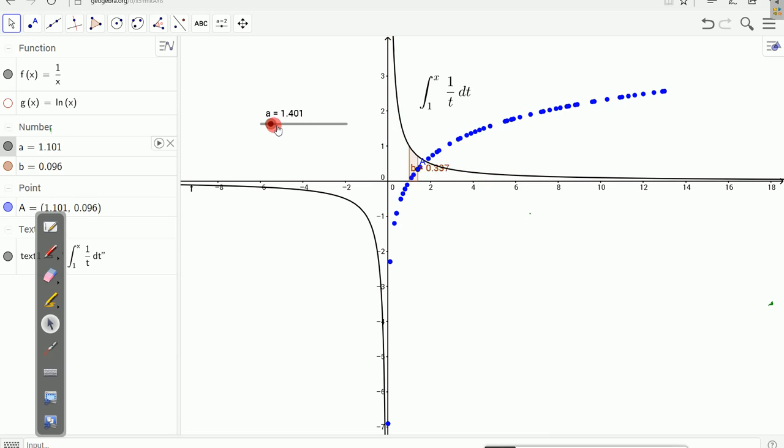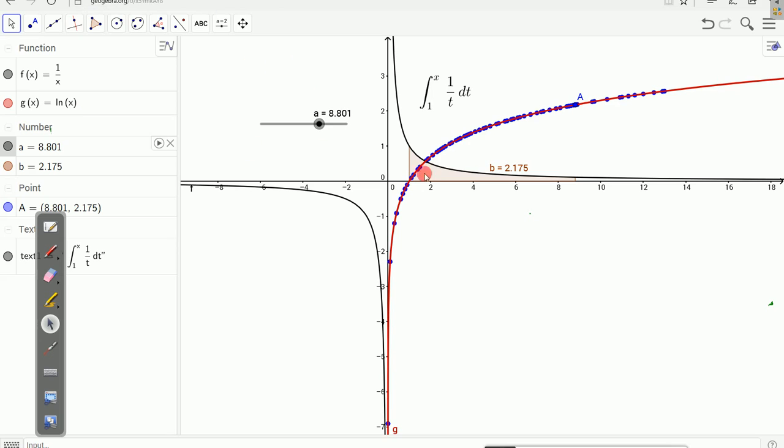But what function is that? Well, that is the function natural log of x, if you can't quite recognize it. If I turn that on, you see it fits all those dots perfectly. And so this antiderivative is going to be equal to the natural log of x. One important thing to note is this only works for positive values of x.